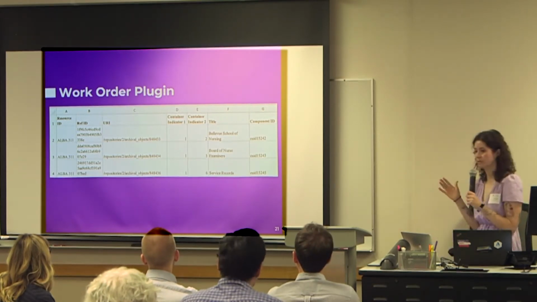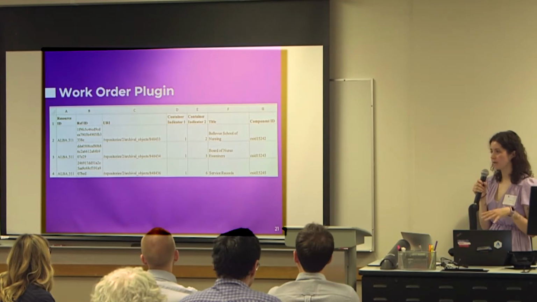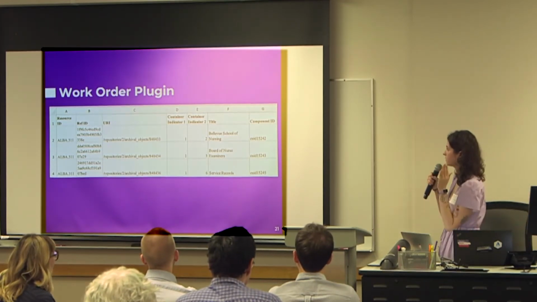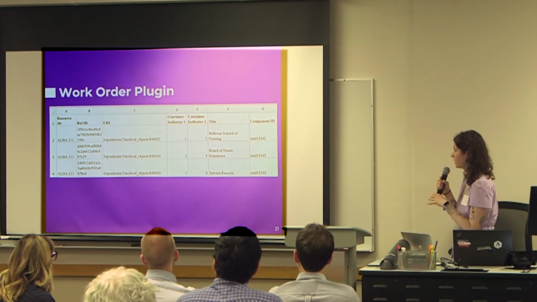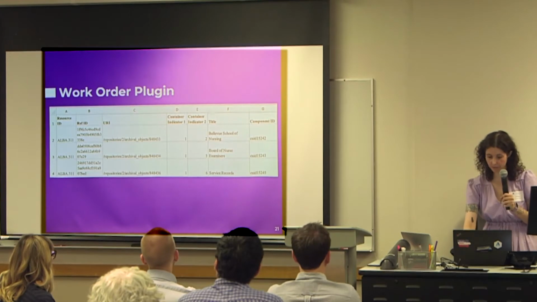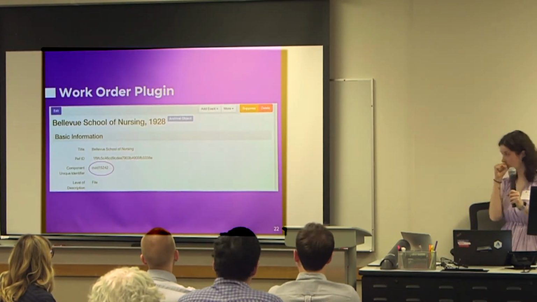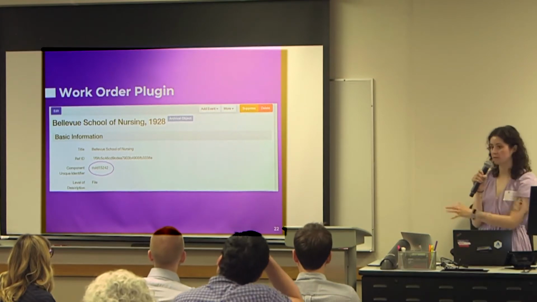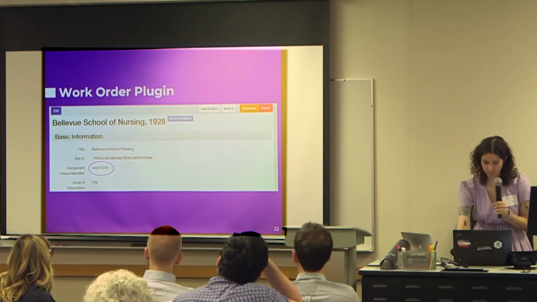So it's really just a simplified set of descriptive information about the components that you selected. It has URIs, and then it also has your newly created CUID, which is then automatically inserted into this field in ArchivesSpace.